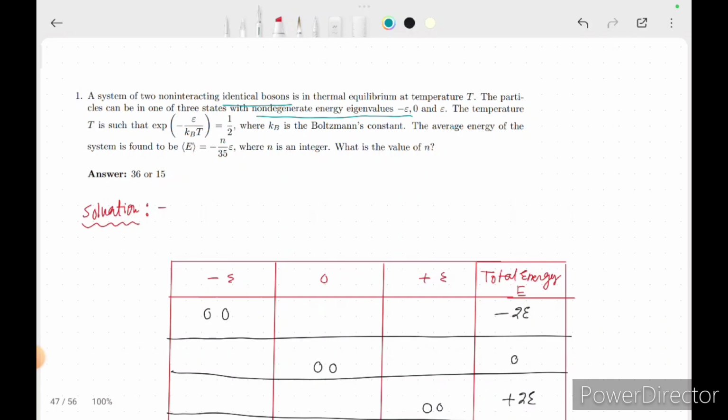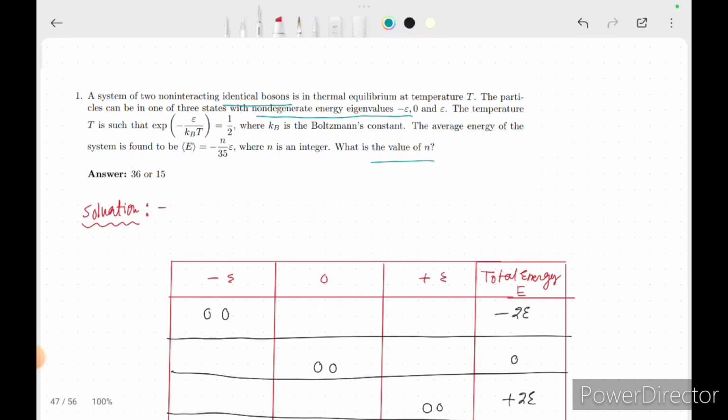The temperature T is such that exponential of minus epsilon upon kB T equals half, which is a given value, where kB is the Boltzmann constant. The average energy of the system is found to be minus n upon 35 epsilon, where n is an integer. What is the value of n?